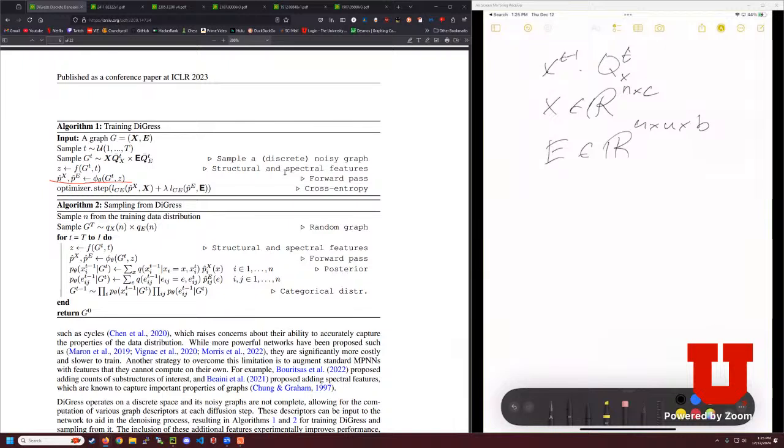And then they throw them into phi theta, maybe this is just a neural network. You get the probability vector for the nodes and the probability vector for the edges. Then X is the actual graph, the actual nodes and their types, and E is the actual edges. So they just calculate the cross entropy.